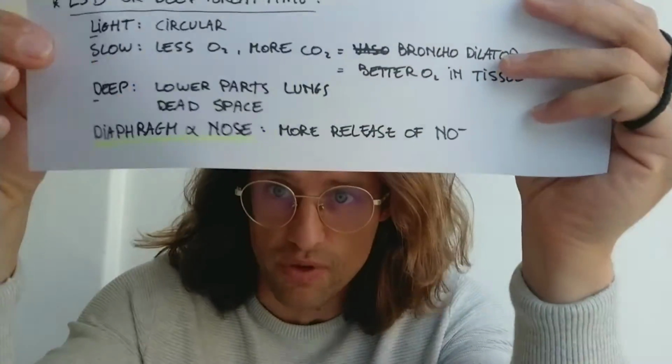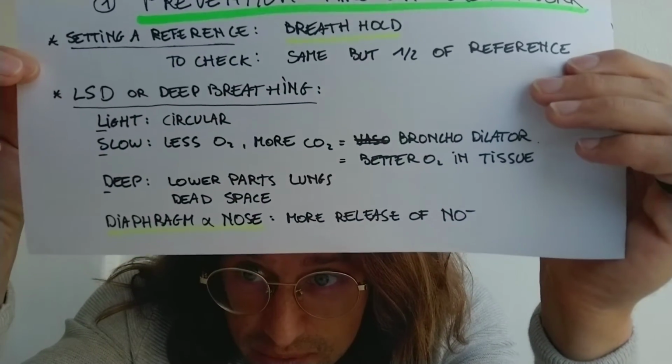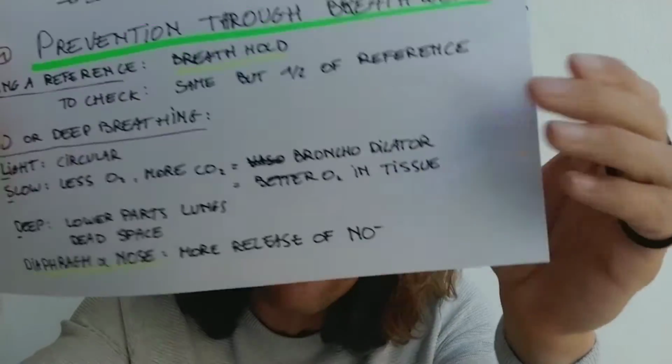So you want to breathe light, means circular breaths. When we inhale, we slow down, and we go slowly into an exhale again. Not forcefully, so very circular.